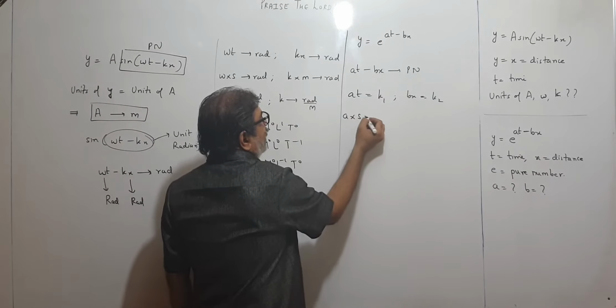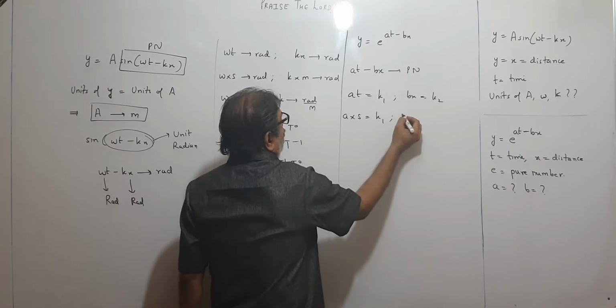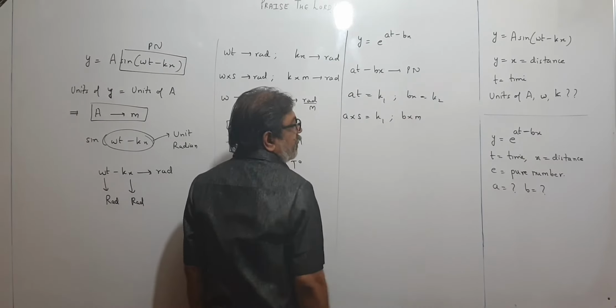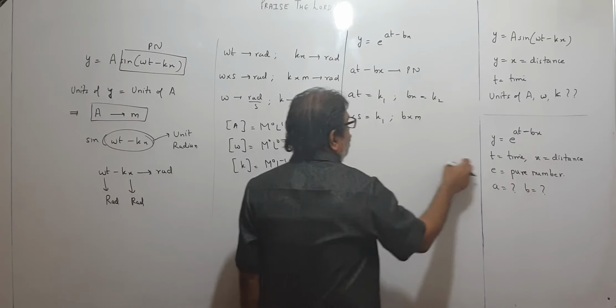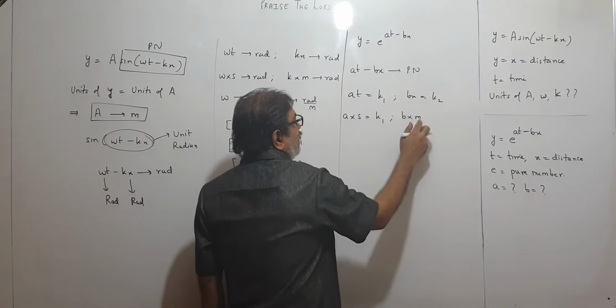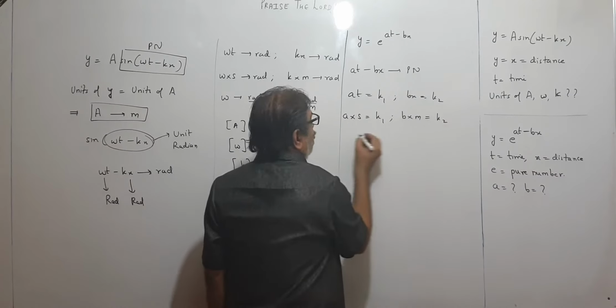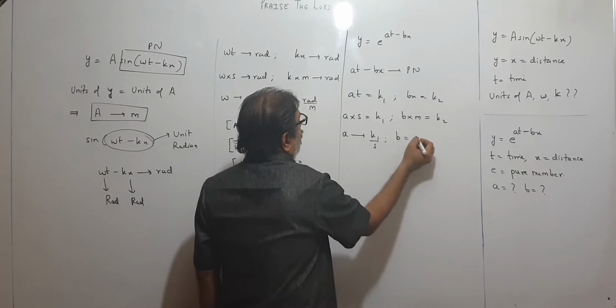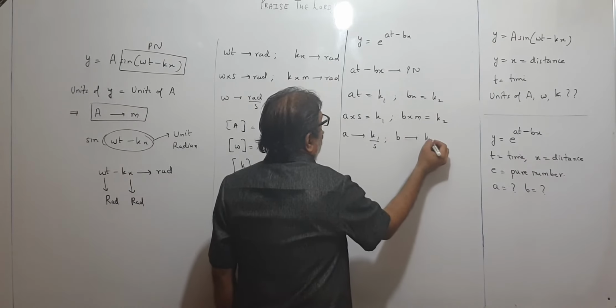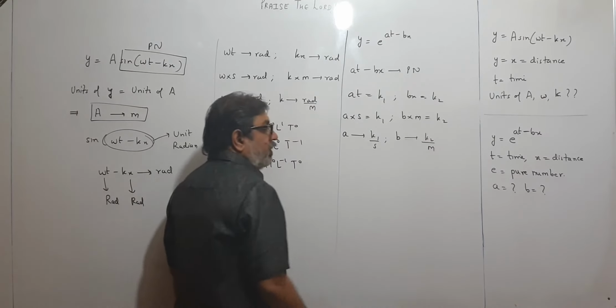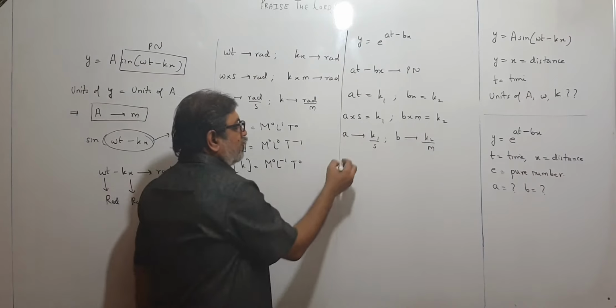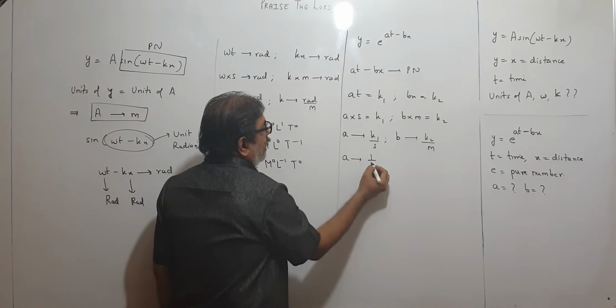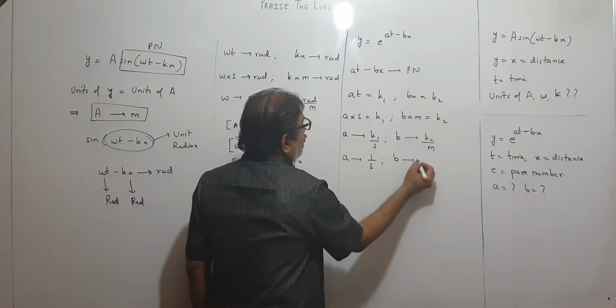So a into second will be some number and b into meter, because it is given t is time, x is distance. So t will be second, x meter. That will be some pure number. So a will be k1 upon s and b will be k2 upon m. So pure number upon second, so unit of a will be 1 upon second, unit of b will be 1 upon meter.